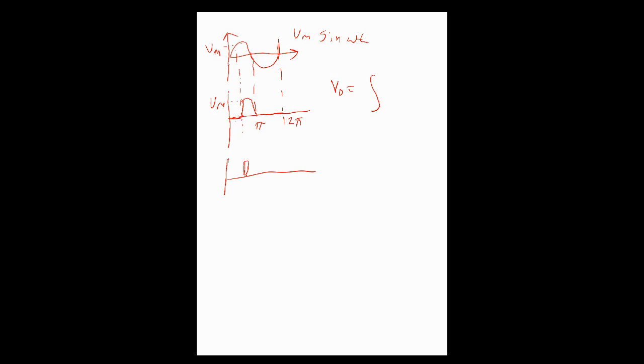By the way, I should mention that we refer to this point at which it starts, let's say it's alpha, as our delay angle. So alpha is your delay angle.